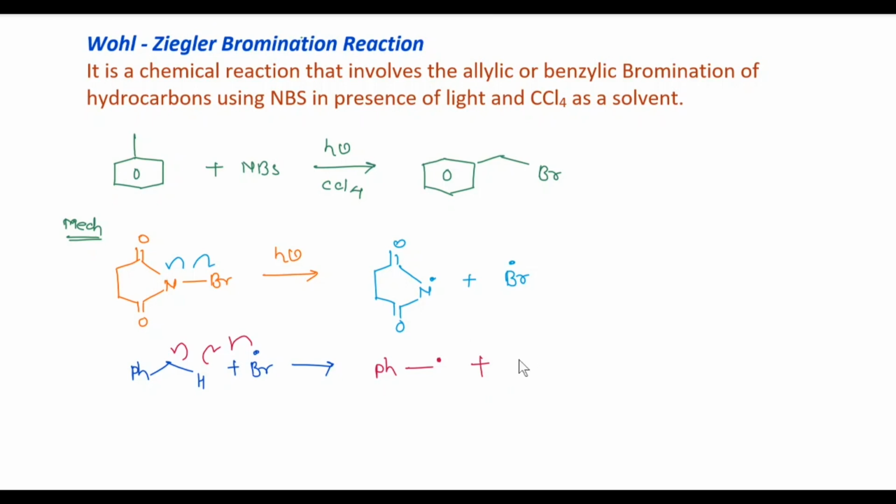So this benzyl radical further reacts with NBS and we get our product. So in this way, by using NBS, the Wohl-Ziegler bromination can take place.